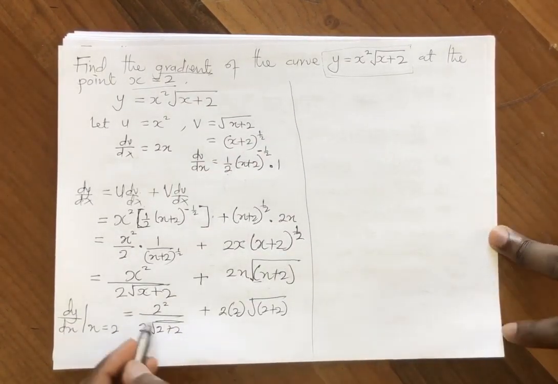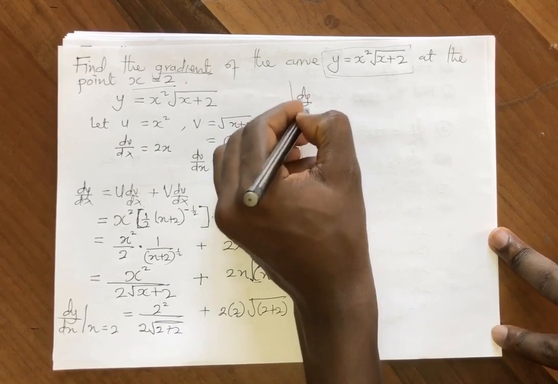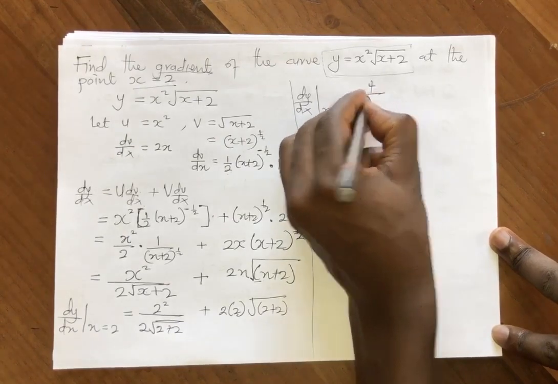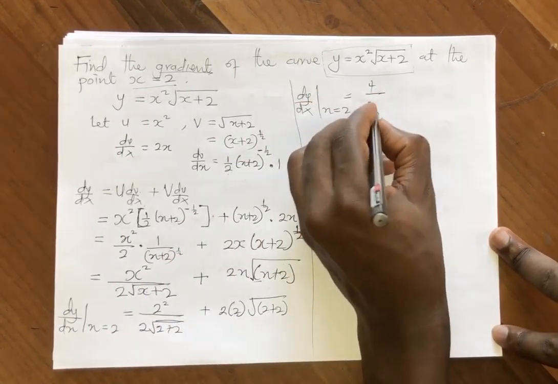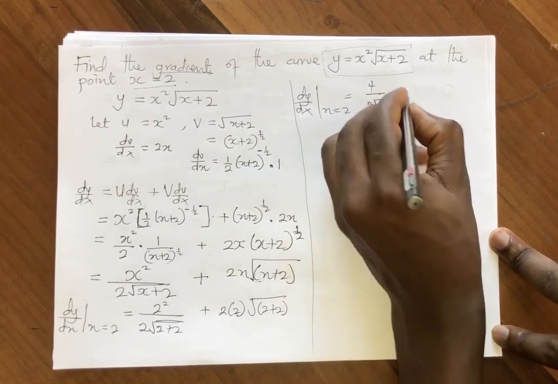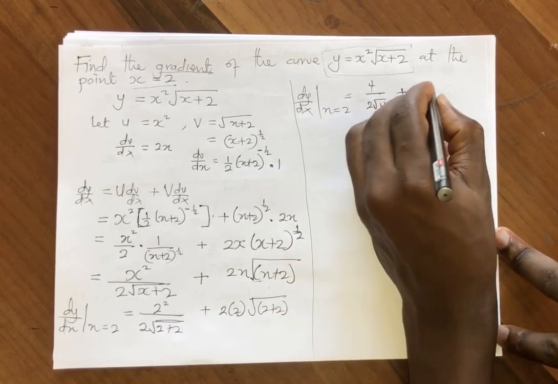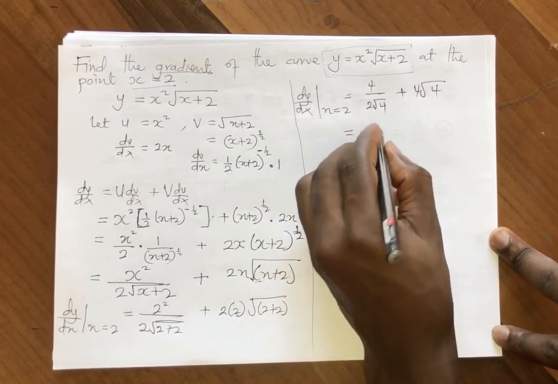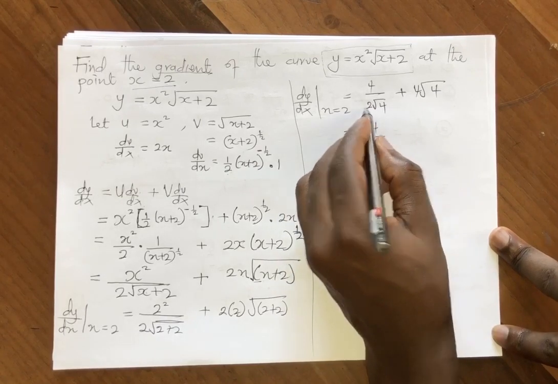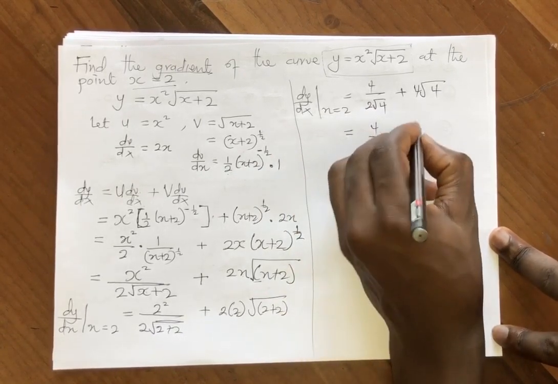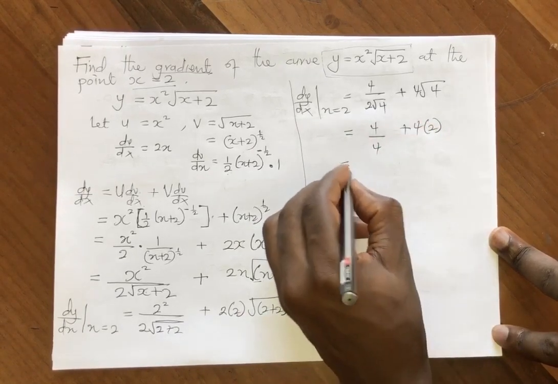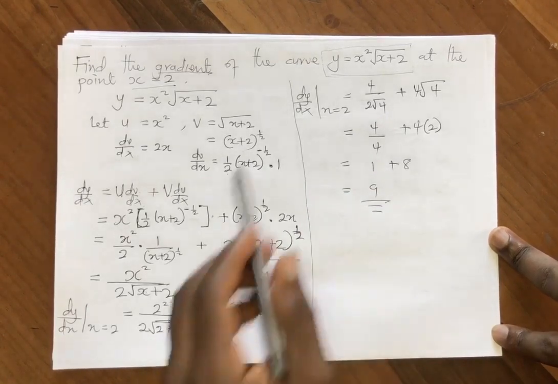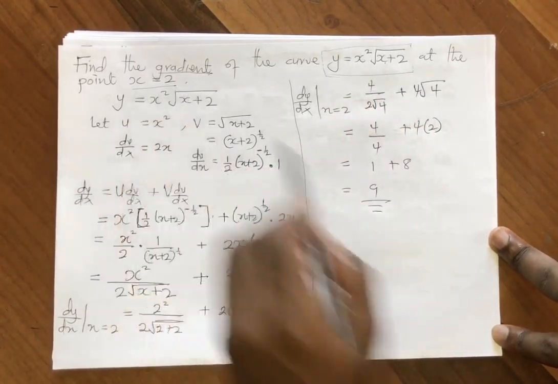All right, so this will give us 4 over 2 root 4, plus 4 into root 4. So 4 over 2 root 4 is 4 over 4, which is 1, then 4 into 2 is 8. So we have 1 plus 8 giving us 9. So the gradient of this curve at the point x equals 2 is 9.